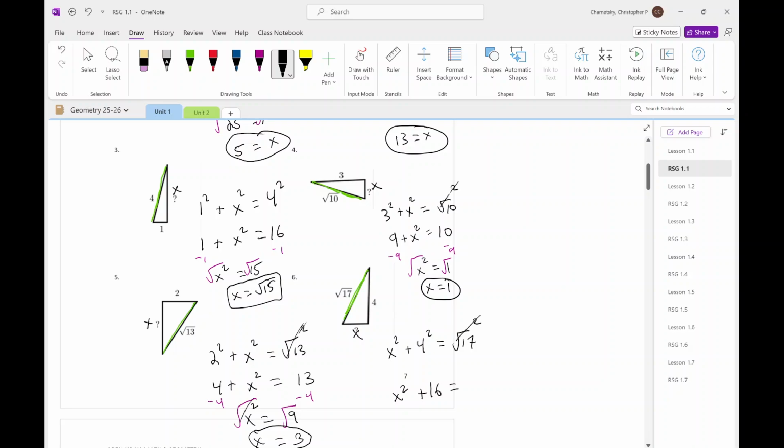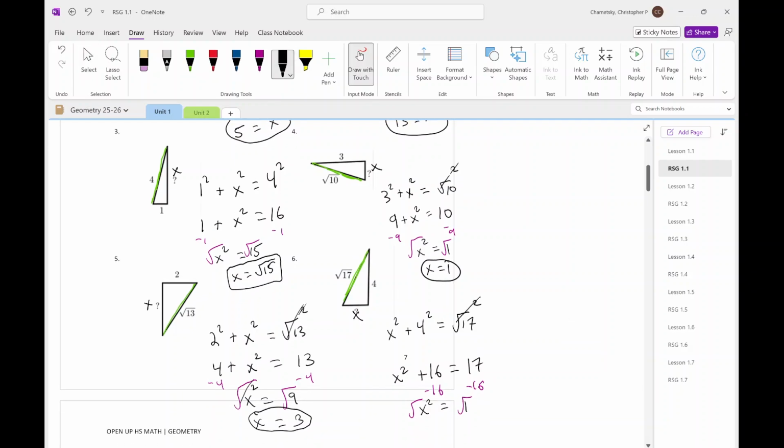And squares, square roots cancel out, so that's 16 and 17. We'll subtract 16 from both sides. And x squared is going to equal 1. Take the square root. Square root of 1 is 1.